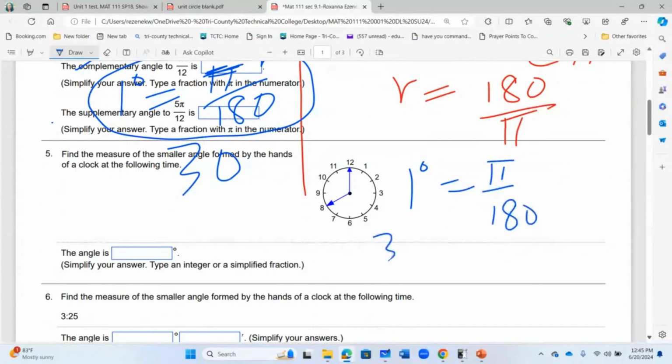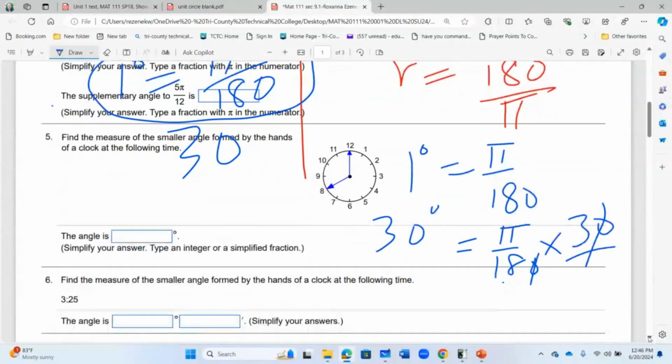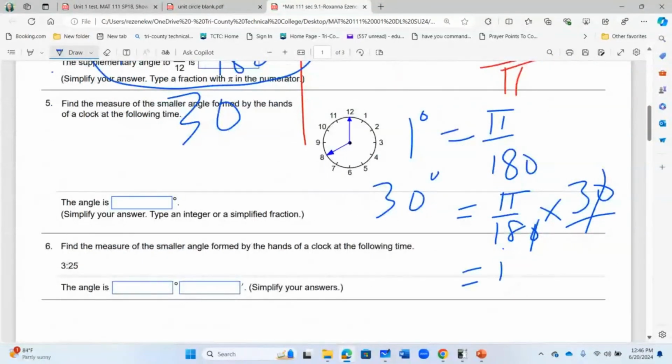Therefore, 30 degrees is equal to pi over 180 multiplied by 30. Then I simplify. 3 goes into 18. I have pi over 6. So 30 degrees is always equal to pi over 6.